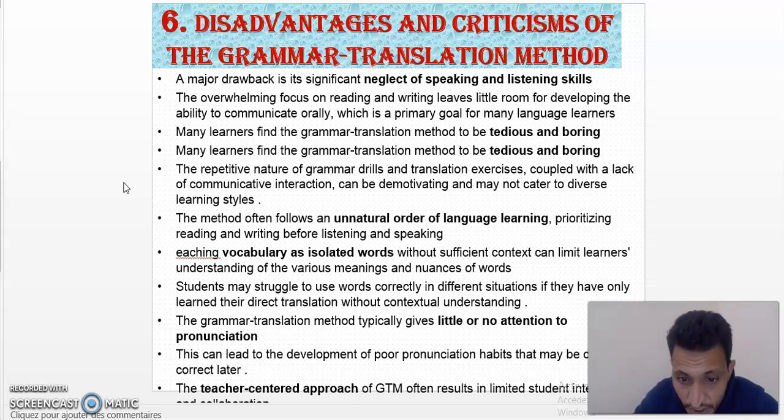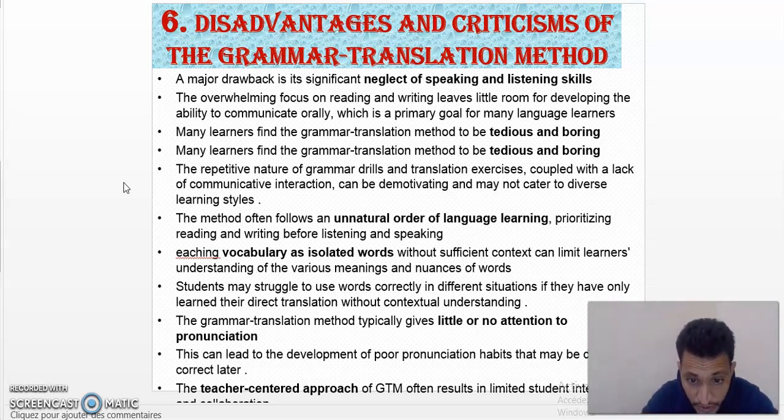Students might struggle to use a word correctly in different situations if they have only learned its direct translation. Students cannot use the words in communicative situations because they don't learn them in communicative, meaningful situations. So that's why you find problems in using the words.